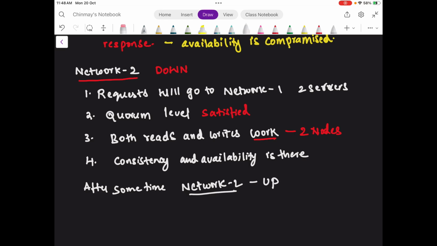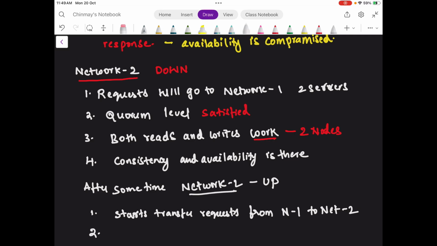Now MySQL starts to transfer requests from network 1 to network 2. Network 1 is up all along, network 2 was down, and after some time network 2 comes live. Whatever requests came to network 1, this data starts transferring automatically to network 2.